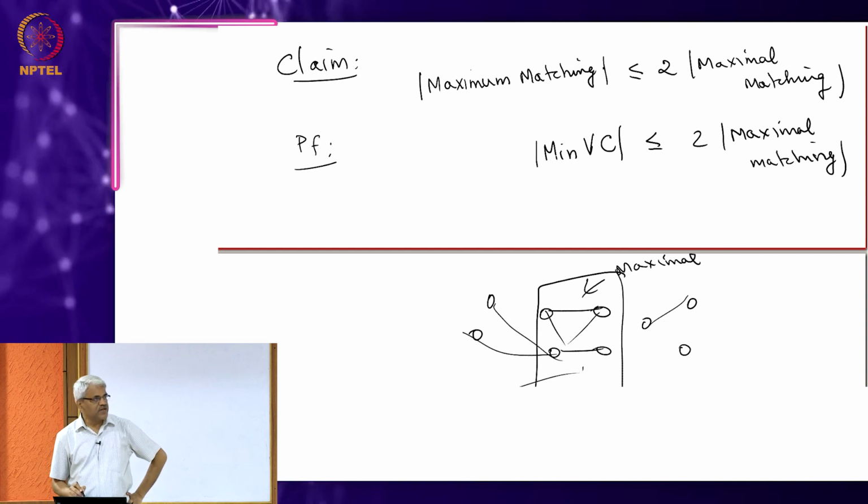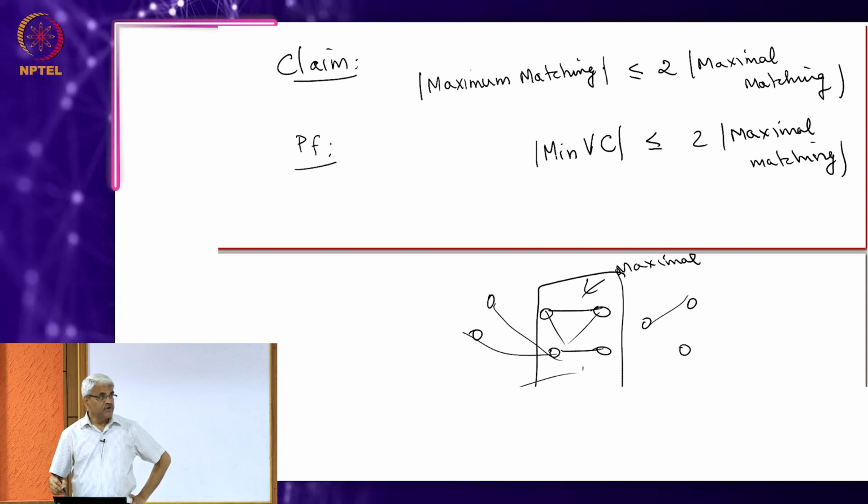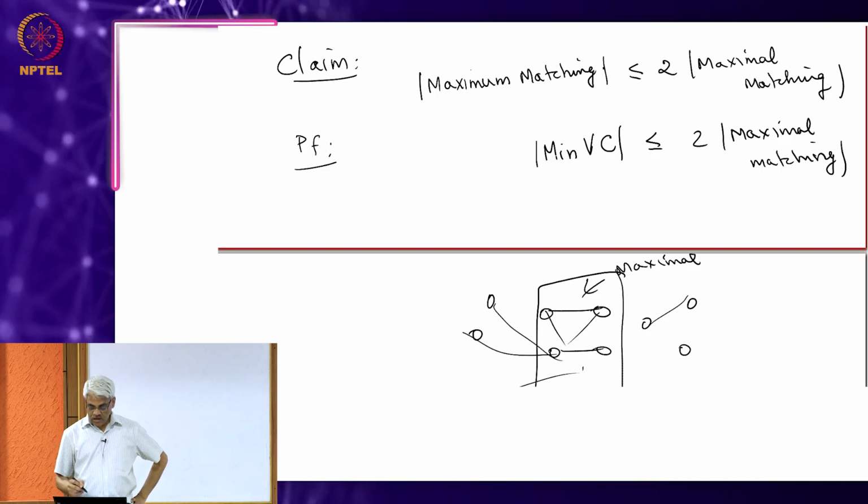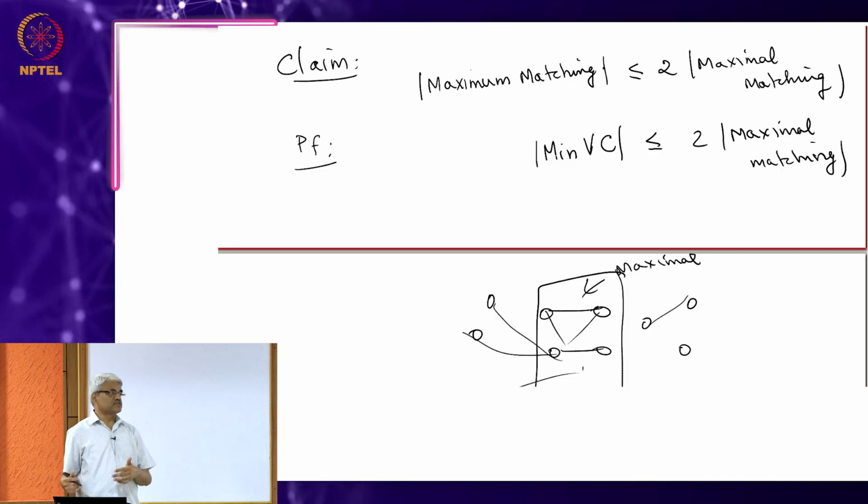So, this is one vertex cover, of size 2 times the number of edges in the maximal matching. The minimum vertex cover may be even smaller than this.